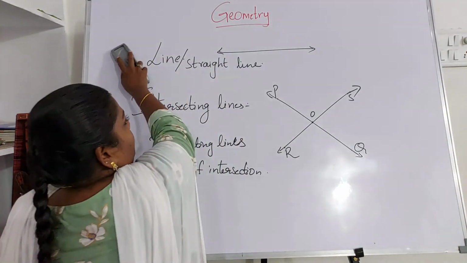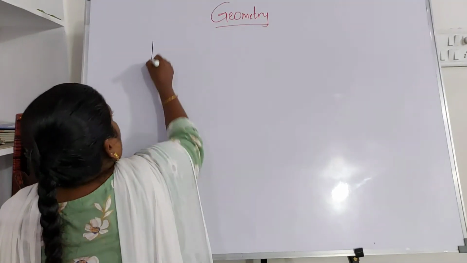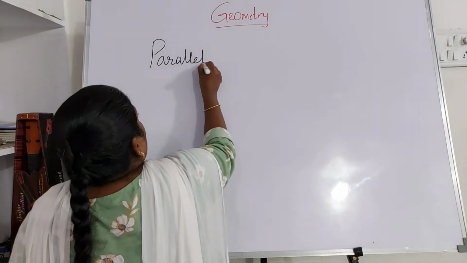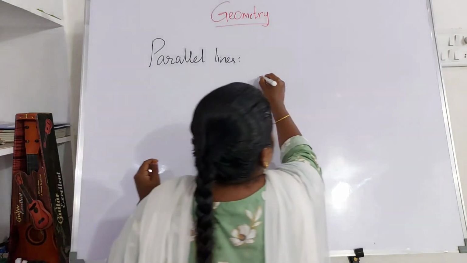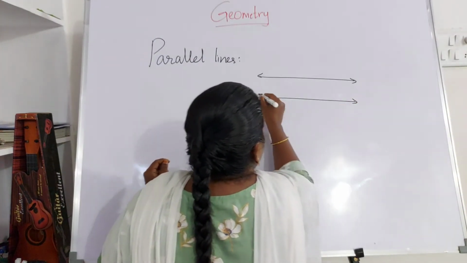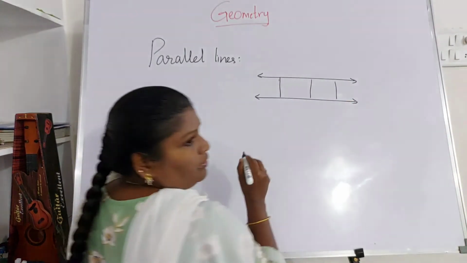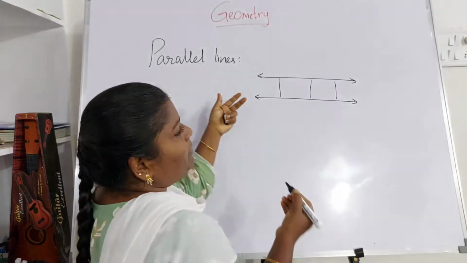Next one, parallel lines. Now two lines that maintain the same distance all over, and they are not meeting, are called parallel lines.